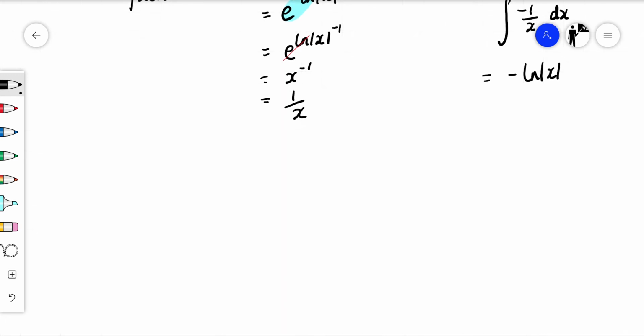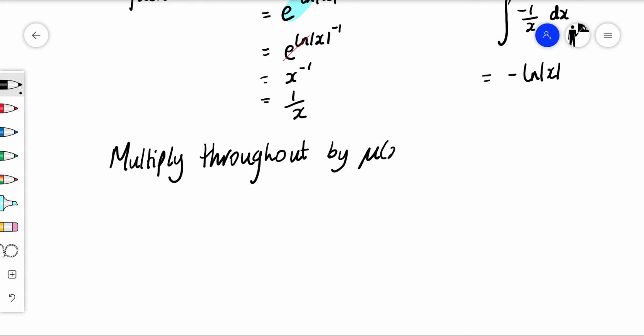Okay, we're now going to multiply throughout by our integrating factor. And it always goes to the form of the integrating factor times y equals the integral of the integrating factor times q of x.